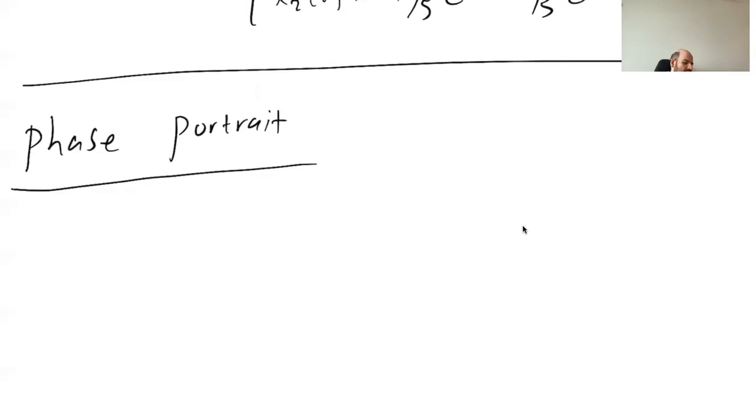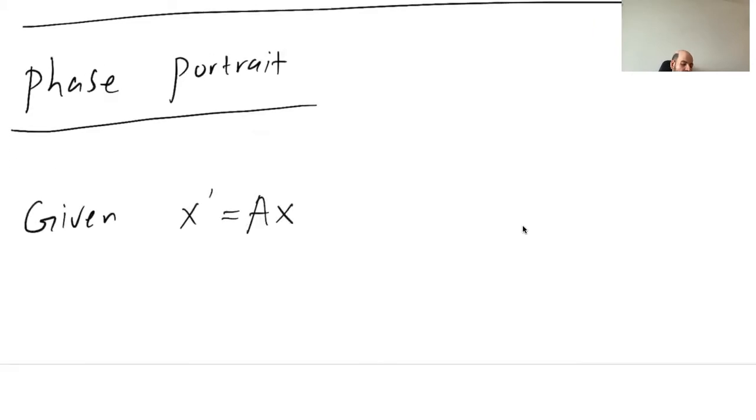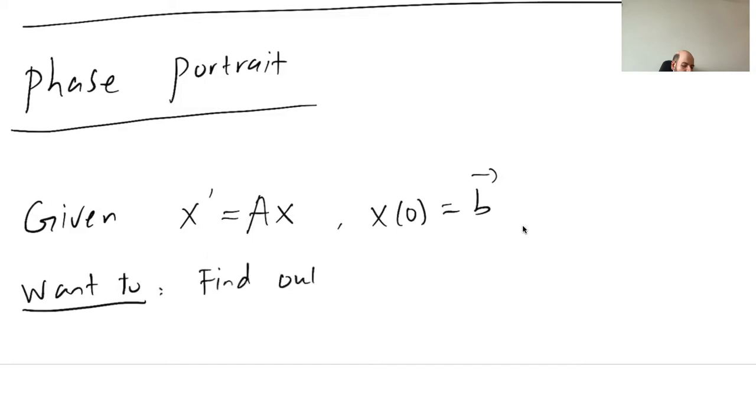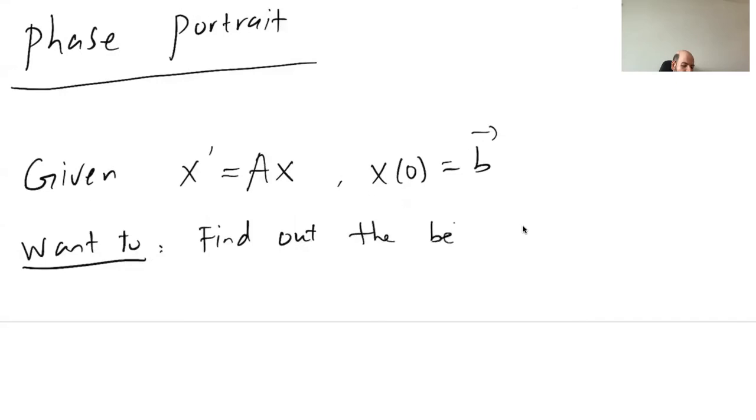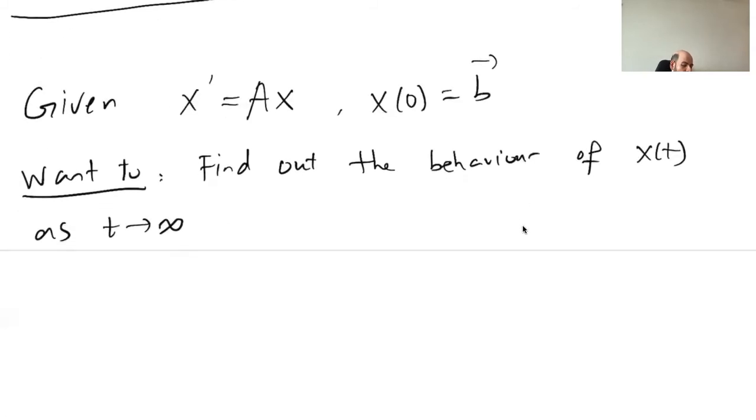So remember, what is the equation that we consider? Given x prime equals Ax, and let's say with some initial condition, x of 0 equals b, we want to find out the behavior of the solution, x of t, as t goes to infinity, without finding x of t algebraically.